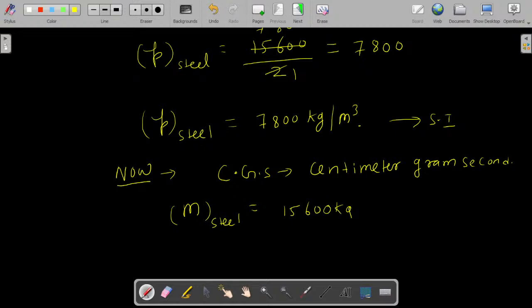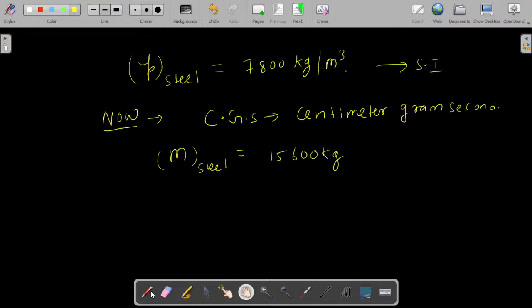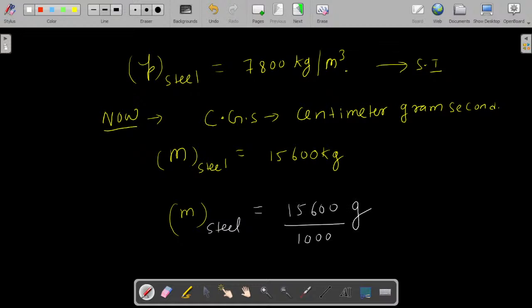So you convert it into gram. For that you have to divide it. Divide this 15600 by 1000.